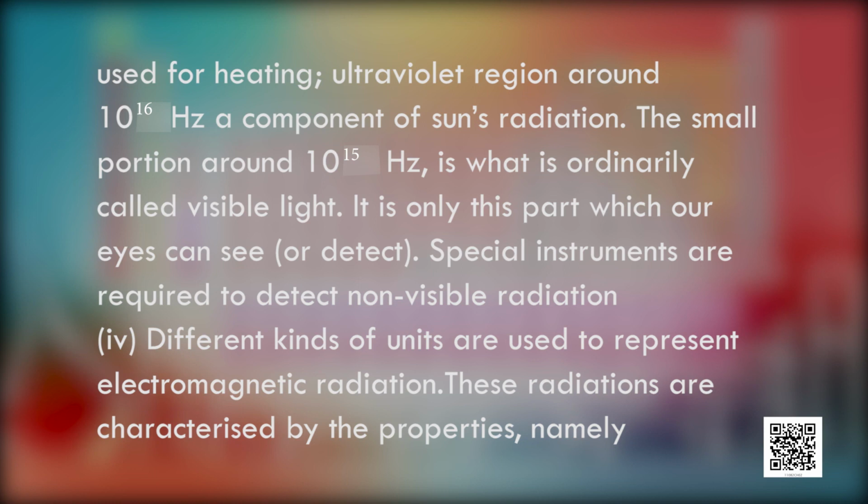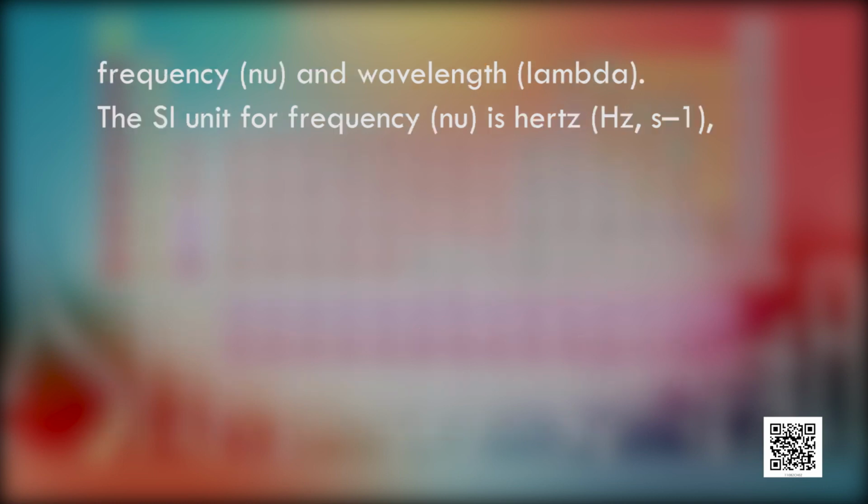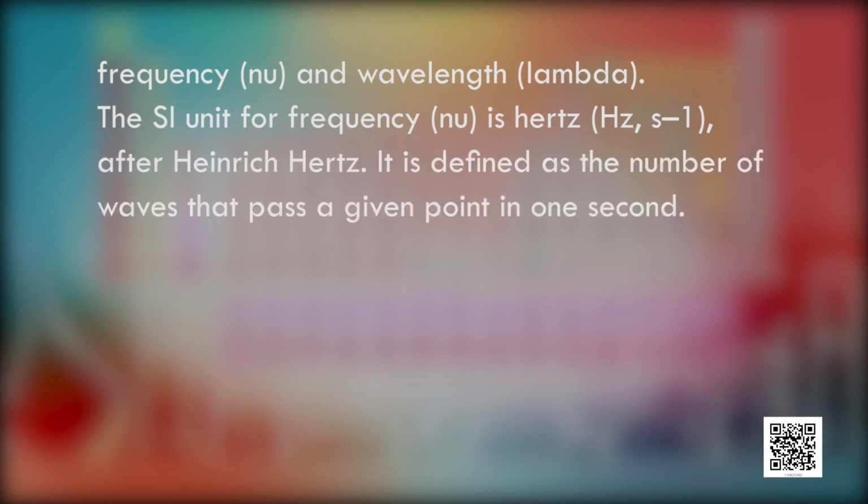These radiations are characterized by the properties, namely frequency, represented by nu, and wavelength, that is lambda. The SI unit for frequency nu is Hertz, or second inverse, after Heinrich Hertz.